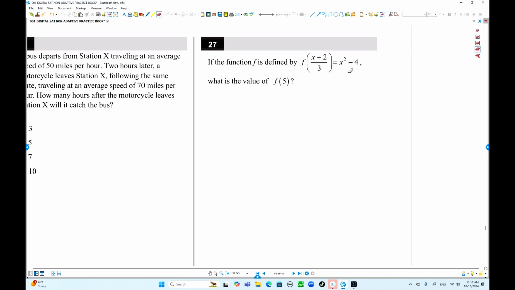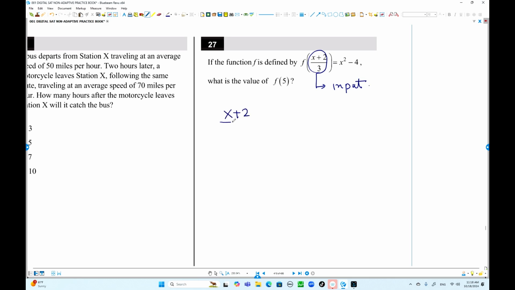But this is anyway the function. What is the value of f of 5? This is when the input is 5. The whole thing is the input, right? Not only x, okay? You gotta remember, the whole thing is the input. But this input equals 5, so you're going to find the value of x, okay?